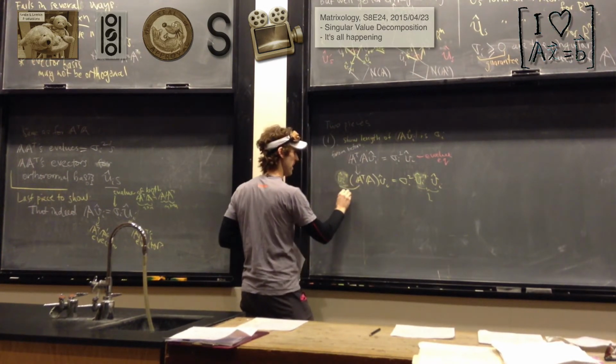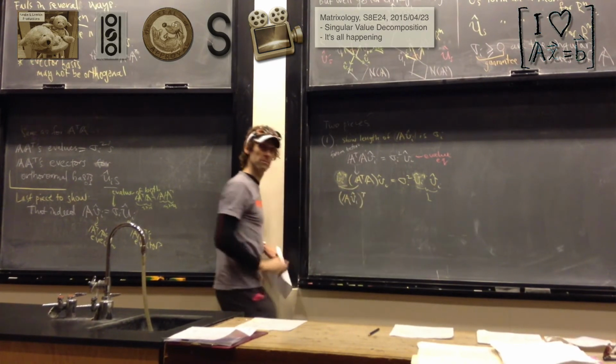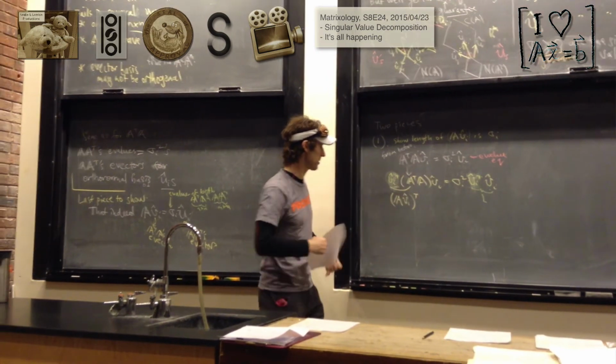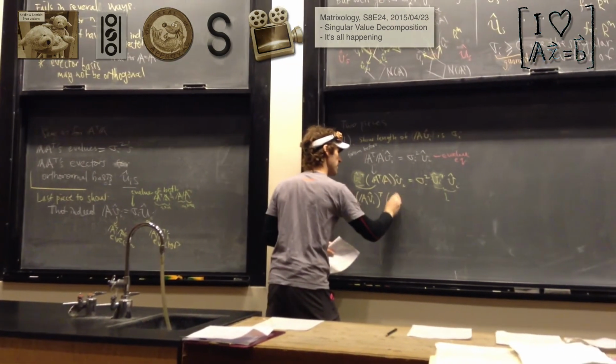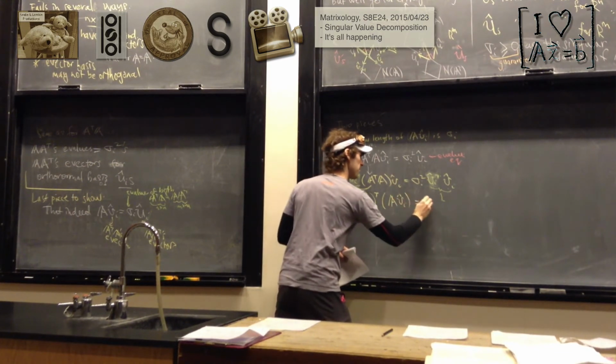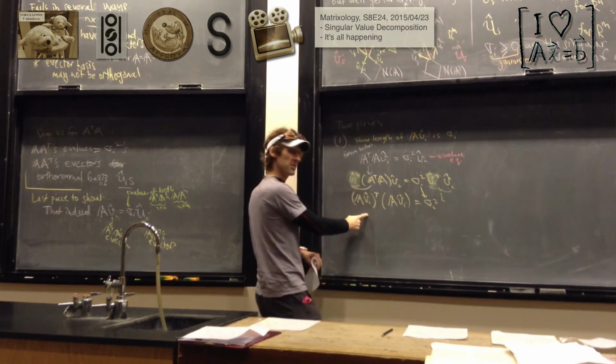This one, we do our sneaky, dirty tricks again. We're going to rewrite this as A VI transpose. See that? If we undo that, it'd be VI transpose, A transpose, using the transpose rule. So this is equal to sigma I squared now. What is this thing?